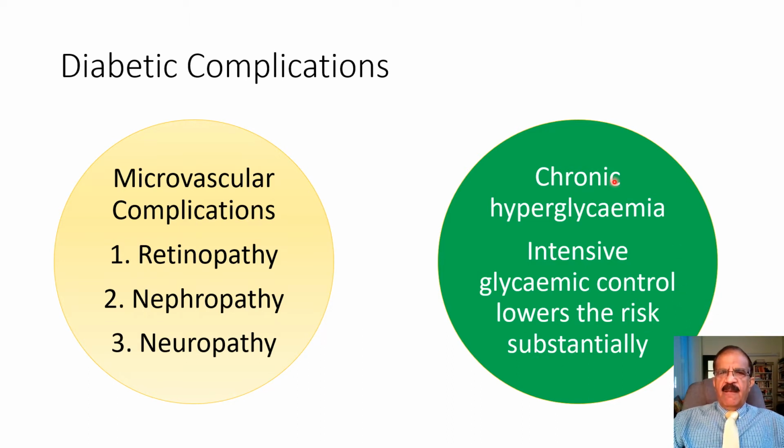If you can keep glycemia well under control, we can prevent or at least delay these complications. These complications may be life-threatening or organ-threatening, or maybe very distressing. So I think it is very important to prevent them by keeping glucose well under control.